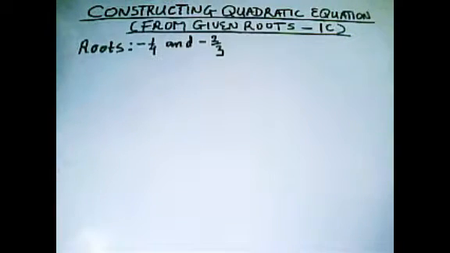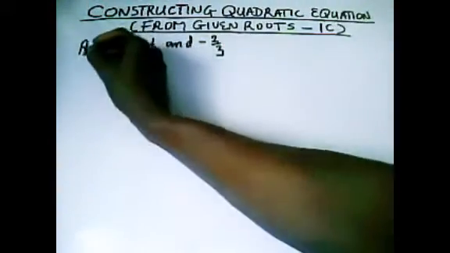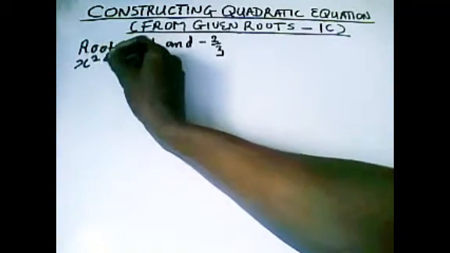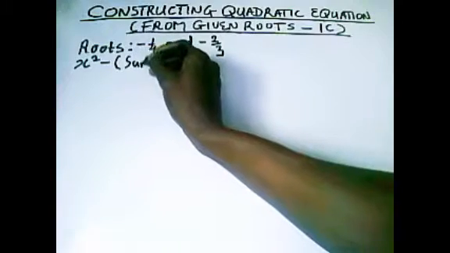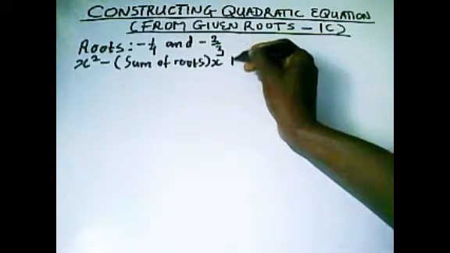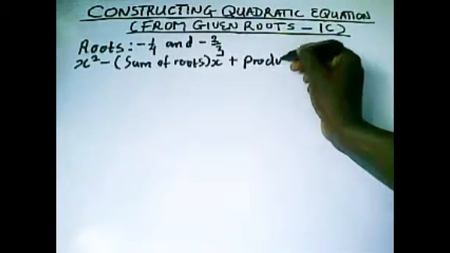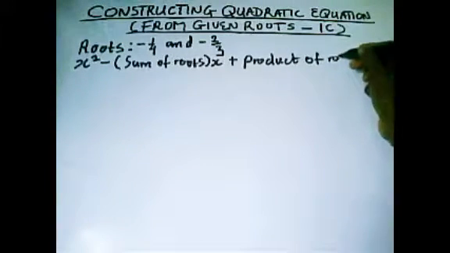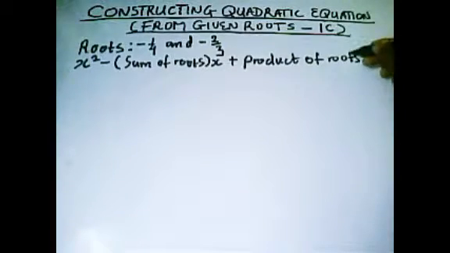So far you already know that whenever two roots are given and you want to construct the quadratic equation, the way we do that is to use the formula x squared minus sum of roots of x, then plus product of roots equals to 0.